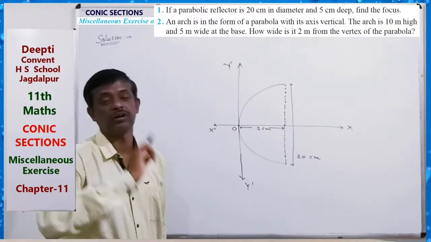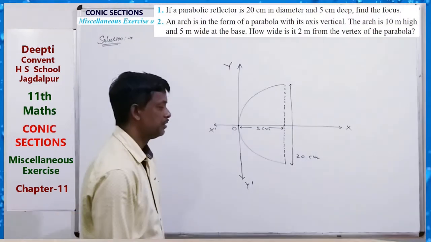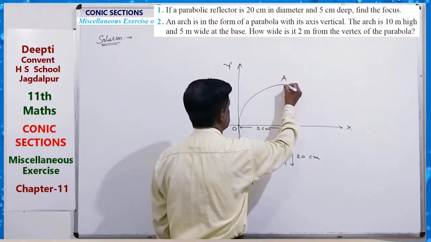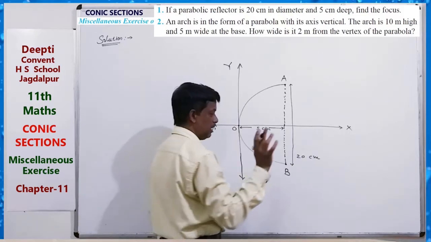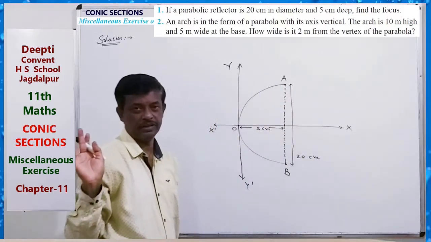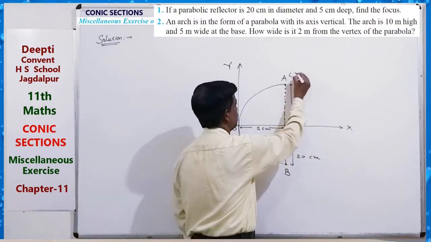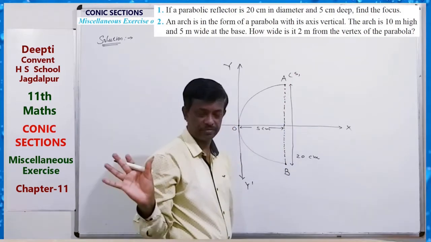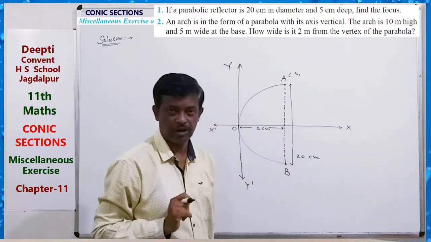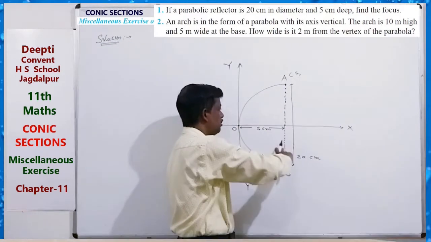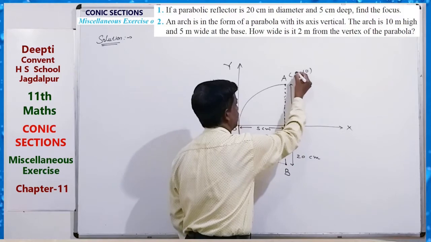Now we have to find the focus of this parabolic reflector. Suppose this is A, this is B, and this is O on the x-axis. For this point, the value of x is 5, which is the depth, and this double ordinate is 20, so half of it is 10.